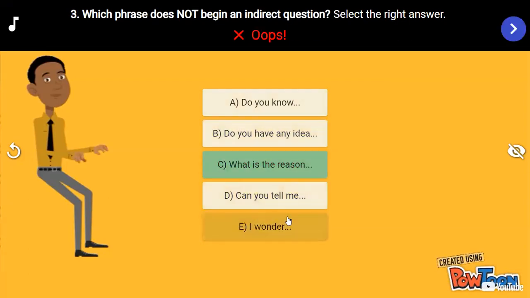Okay. What is the reason, right? All of them are indirect. In this case, this is a direct question. But no, what phrase does not begin an indirect question, right? This one, because what is the reason is a direct question.